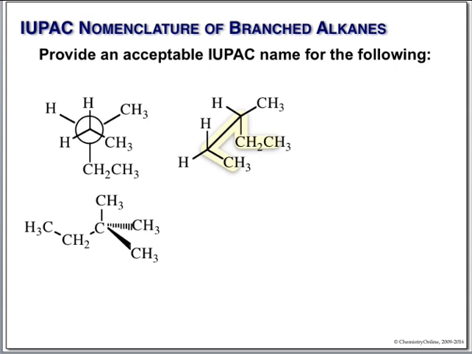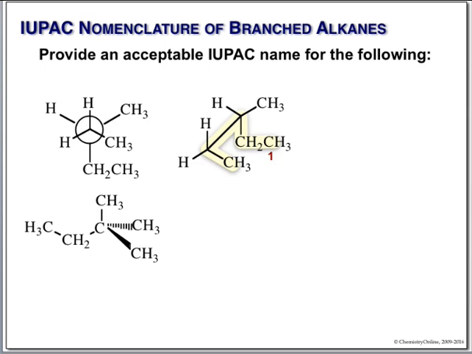Five carbons in a row. Which end of this chain are we going to call number 1? Well, we want the lowest number for our substituent, so we could do 1, 2, 3, or 1, 2, 3, it doesn't matter. So we'll just call that 1. All right, so what's our parent?